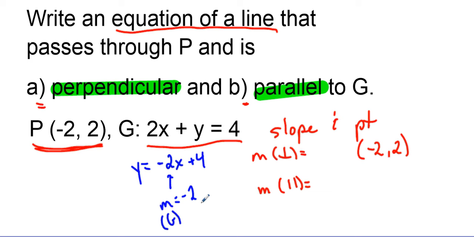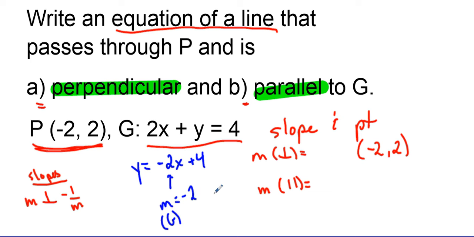Well, if we have a point, and these two lines are passing through the same point, what's the slope of the perpendicular one? If you recall, perpendicular slopes are opposite reciprocals of each other, or negative reciprocals, however you want to say it, they're the same thing. So what's the opposite of negative 2?